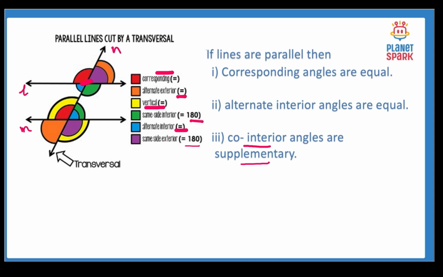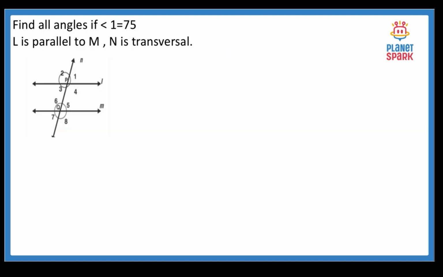The first question says we are given that L is parallel to M, N is the transversal. We have to find out all the angles. We are just given angle 1 is 75 degrees. So we have to find out angles 2, 3, 4, 5, 6, 7 and 8. To begin with, angle 1 plus angle 2 are lying on the straight line L, so they are forming a linear pair.